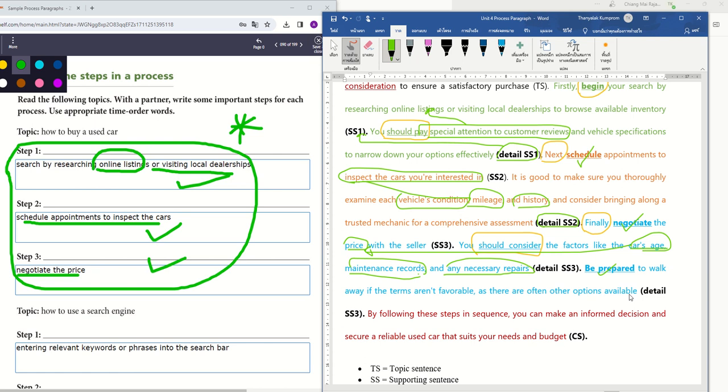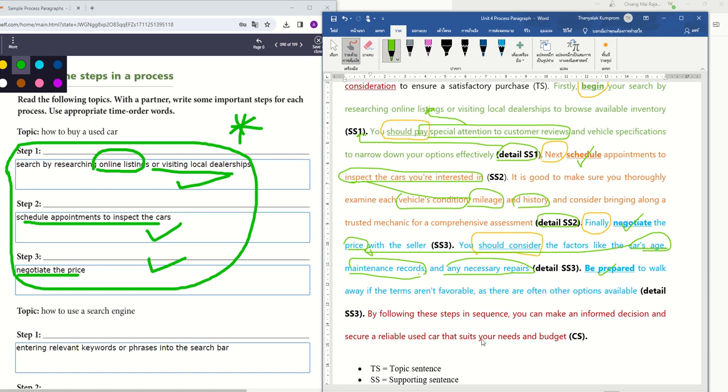You just say no, and then go to the next car dealer. And the last one is the concluding sentence. By following these steps in sequence. Sequence means in order. You can make an informed decision and secure a reliable used car that suits your needs and budget.